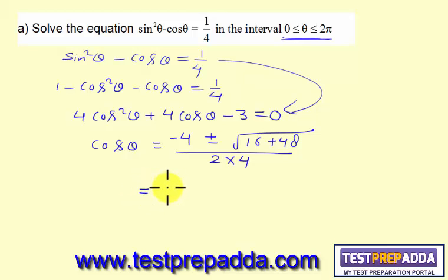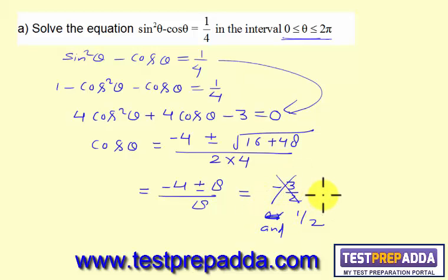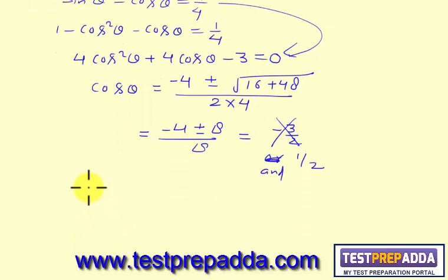Now, it is actually minus 4 plus minus 8 by 8, which will be equal to minus 3 by 2 and 1 by 2. Now the problem is minus 3 by 2 is not possible because the minimum value of cos theta is minus 1. So the only possibility here is cos theta is equal to 1 by 2.